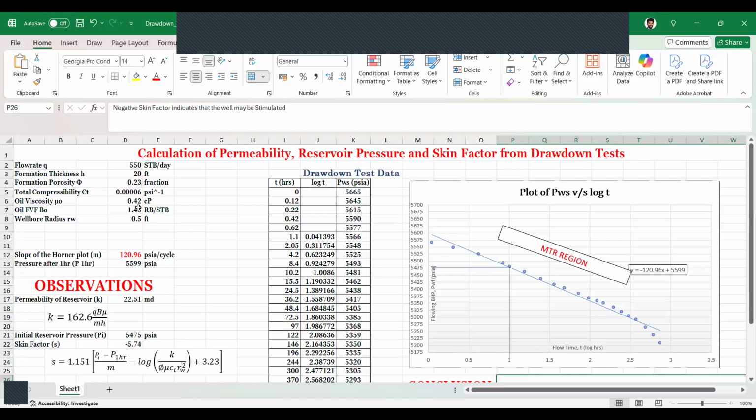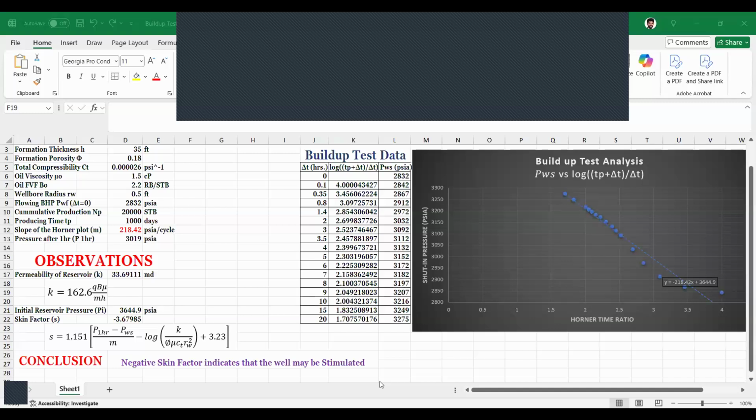Now let me just open the build-up test data also. So this is the build-up test data that is given here.